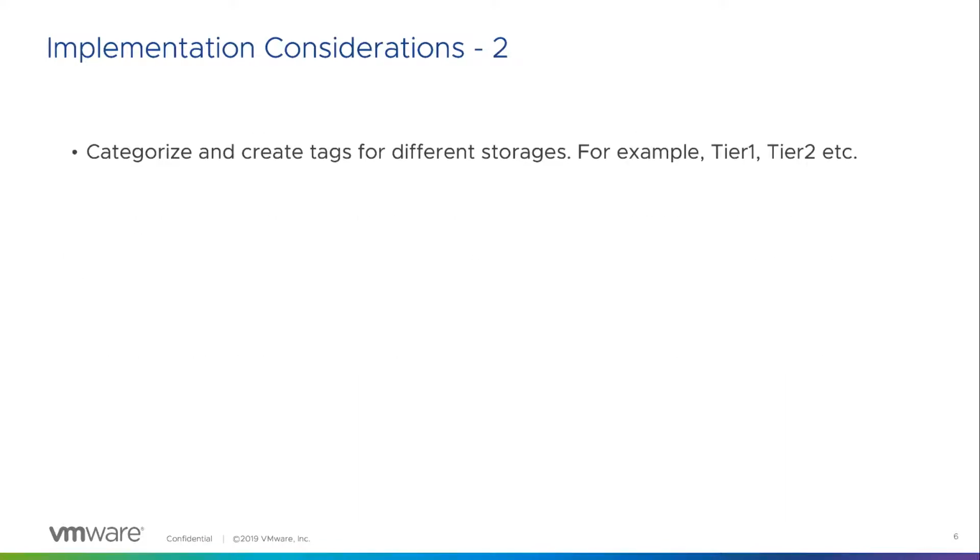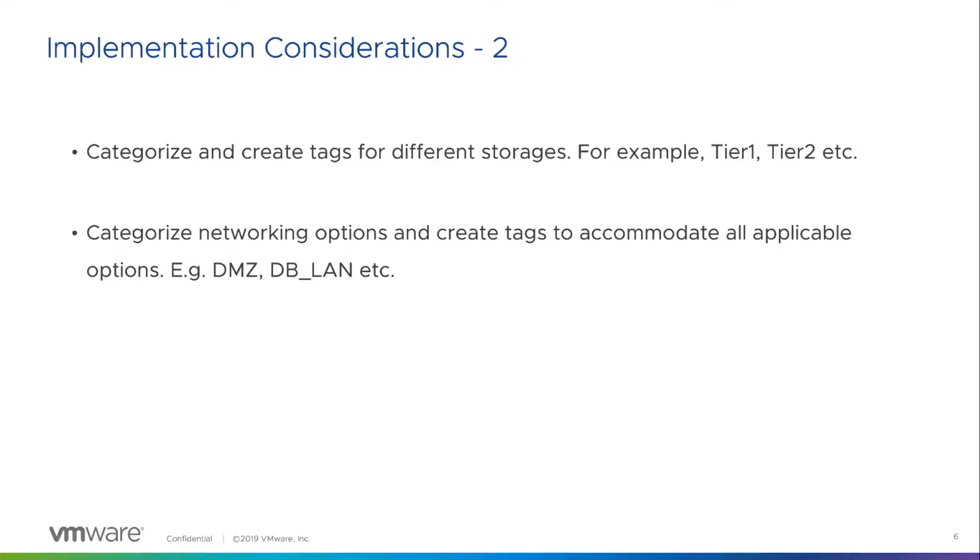The next thing that you should consider is storage within a location. If you have a flat storage, that's absolutely fine. You don't need any separate tags for them. But if you have different types of storage with different capabilities, and you want to steer them, then definitely you should create separate tags for them. The same thing goes for your network.